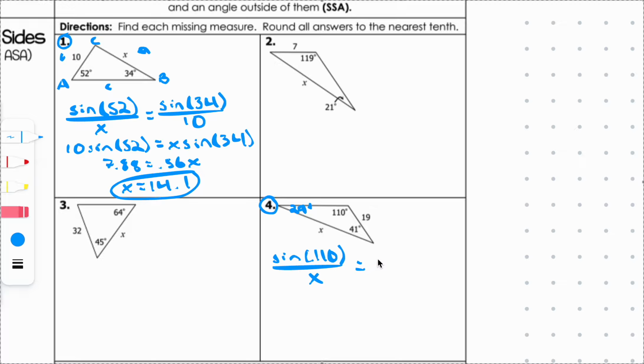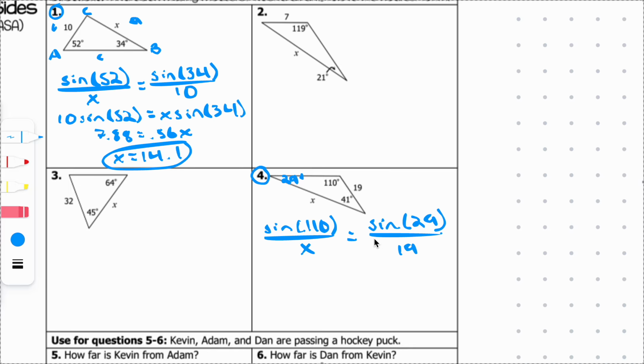And so now we can set up this proportion where we say sine of 29 degrees over 19. Because that angle, 29 degrees, is across from side length 19.